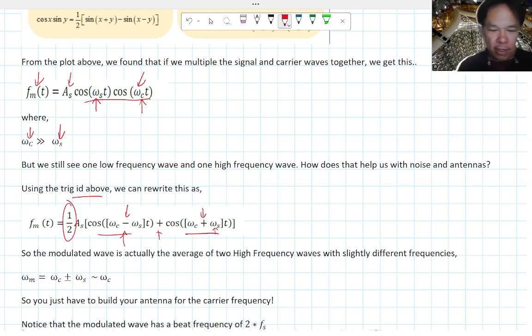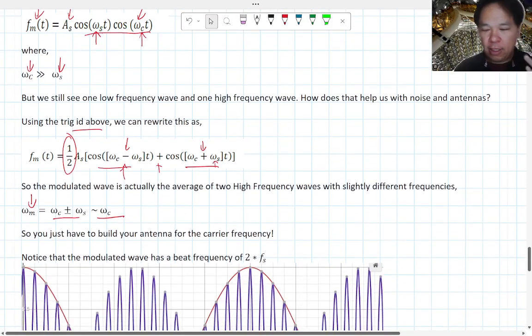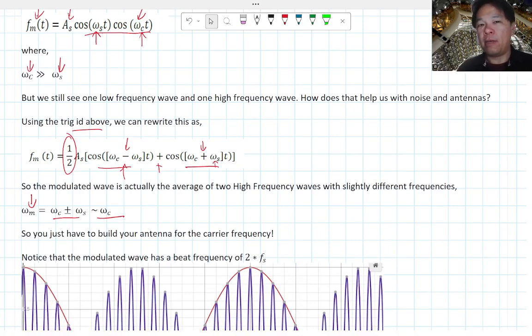So the modulated frequency, which in reality is the carrier frequency plus or minus the signal frequency, is approximately the same as the carrier. So whatever antenna you're designing, all you care about is the carrier frequency. You don't care about the signal frequency at all. If I was building a Wi-Fi router, I only need to care about how well I can transmit and receive 2.4 gigahertz.